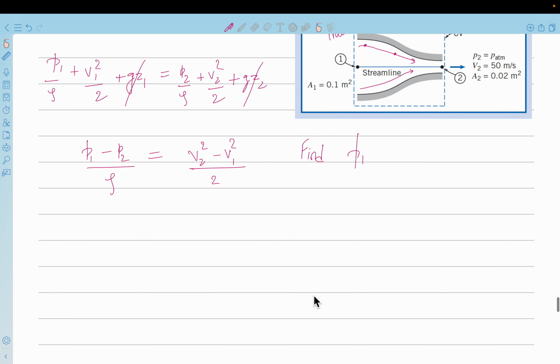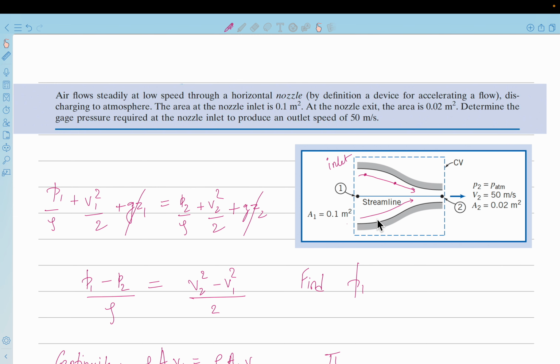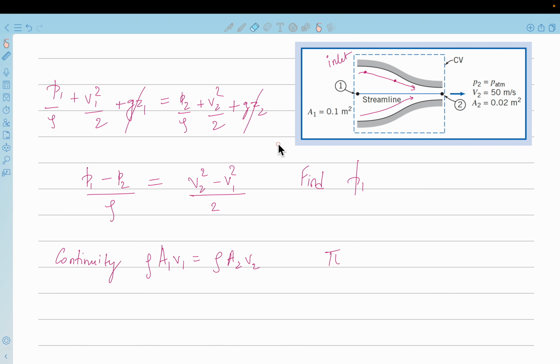Yes, we will have to find V1, and for that we use the continuity equation. Continuity states that rho A1 V1 is equal to rho A2 V2. We are assuming incompressible flow, density doesn't change, so we can simply do A1 V1 equals A2 V2. You know the areas, right? Directly the area is given to us.